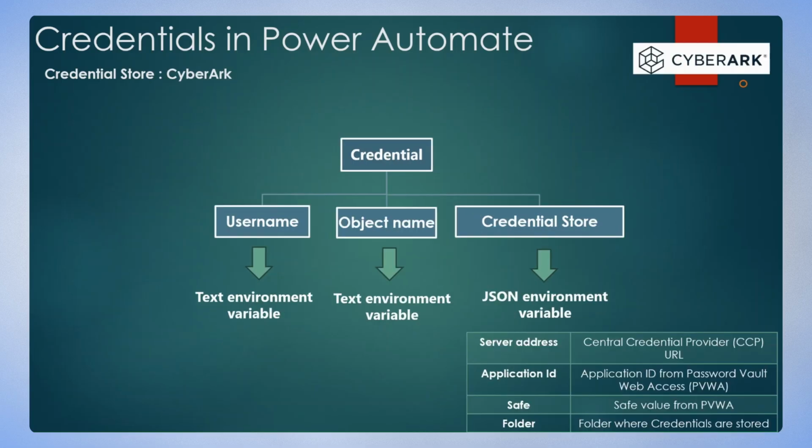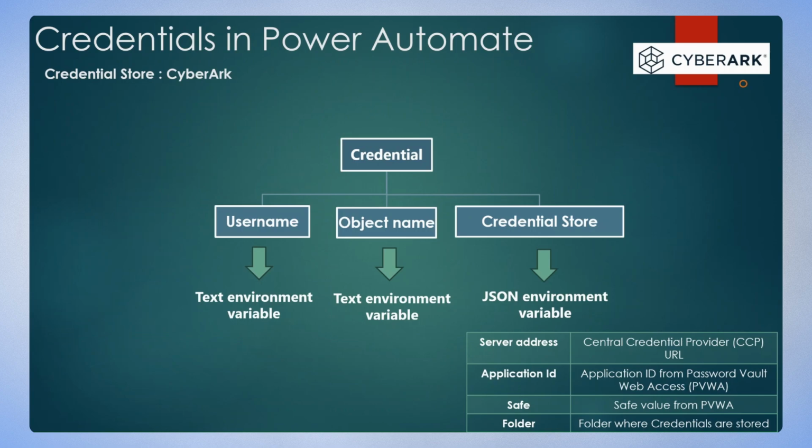Let's see how the CyberArk credential is laid out. A CyberArk credential is composed of three things. One is the username, a text environment variable, and the other is the object name, also a text environment variable, which captures the underlying object that stores the credential in CyberArk.